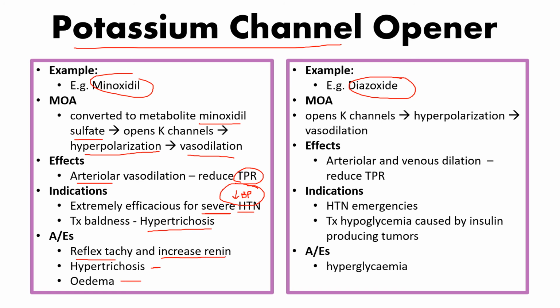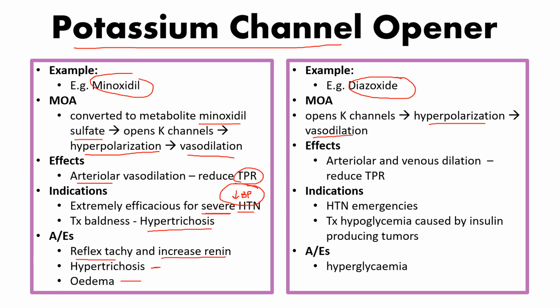So moving on to the other potassium channel opener, we have diazoxide. The way it works, it promotes potassium channel opening, leading to hyperpolarization and therefore vasodilation, decreasing the total peripheral resistance and therefore decreasing our blood pressure.